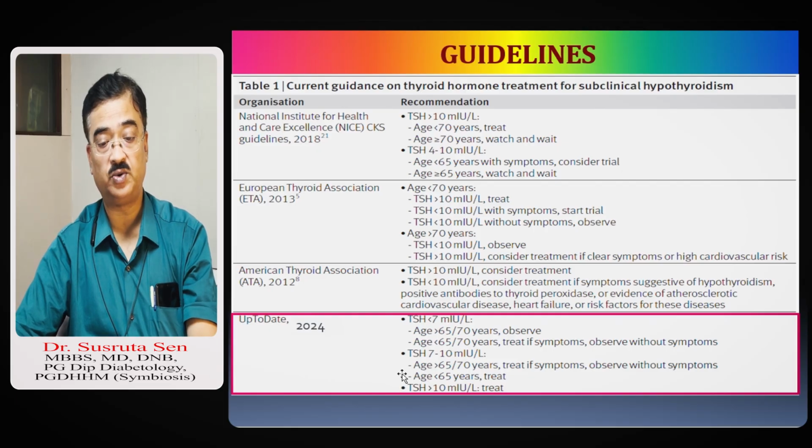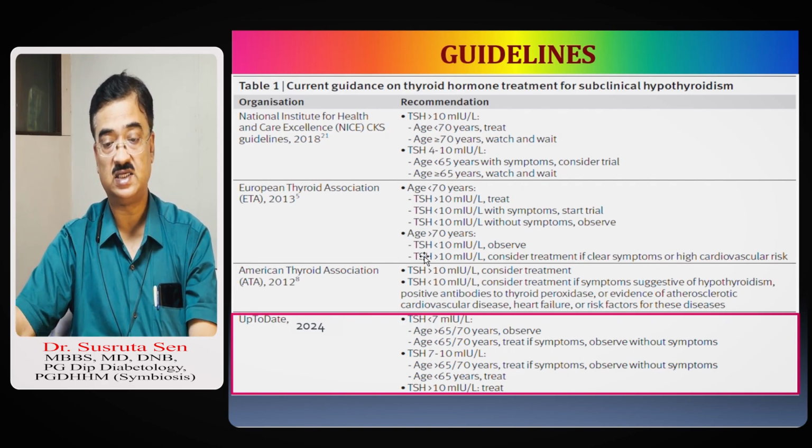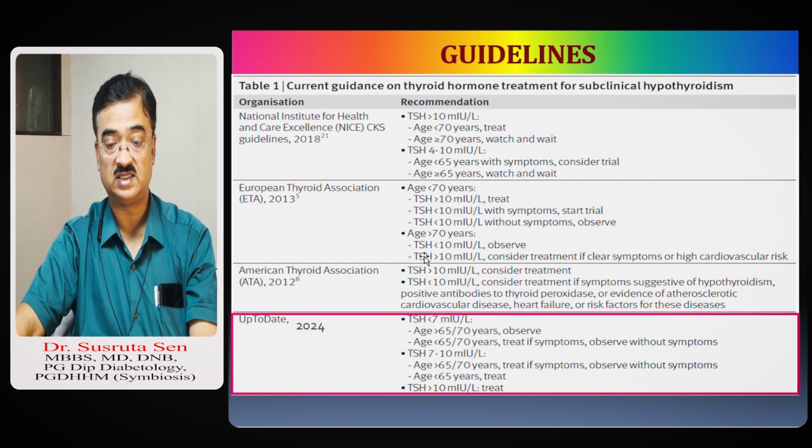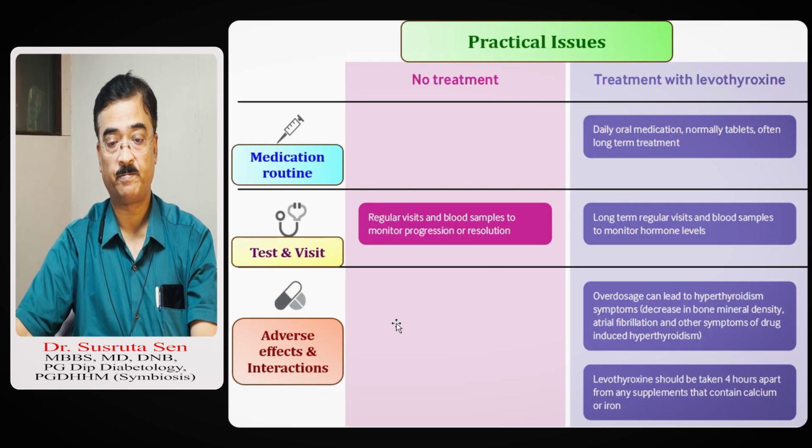TSH between 7 to 10, again age more than 65 years, no treatment, observe; if symptoms, then treat. And if TSH is more than 10, treat the patient. So now the guideline is to start treatment straightaway if TSH is 10. If TSH is less than 7, observe, and treat only if gross symptoms are there.